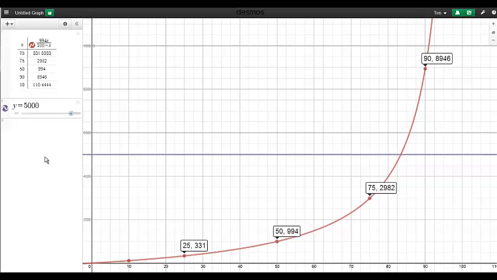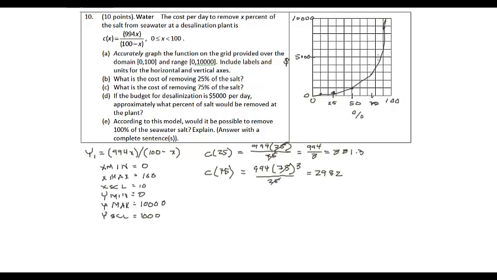So that's our graph. If we come back here and take a look at that, that's reasonably accurate. And we have that again off here on the right. That's a vertical asymptote, really, at x equals 100.